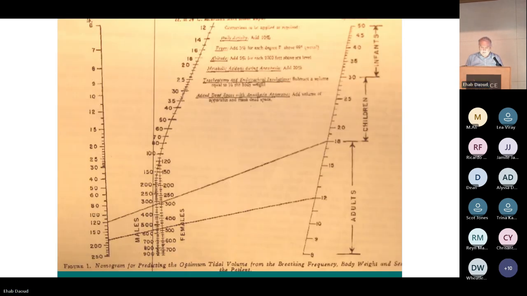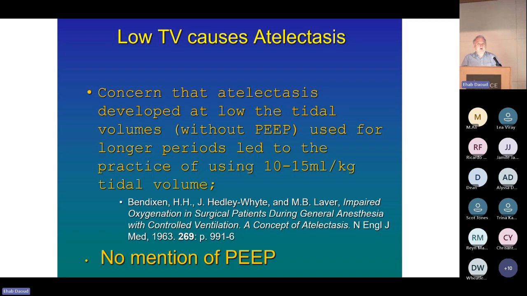A few years later, in 1963, Bendixen and Hedley-White published this paper. They were concerned that atelectasis formed when low tidal volumes, such as described by Radford, were used. They suggested to account for this, you should use a tidal volume of 10 to 15 mils per kilogram. This is where the problem started. They didn't mention the use of PEEP.